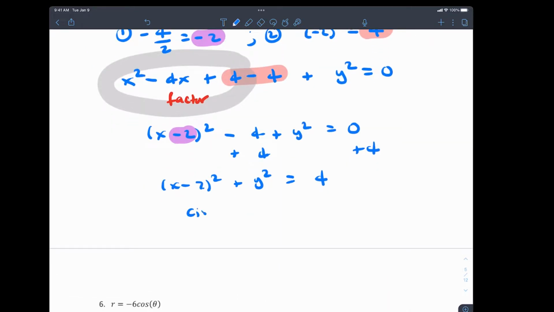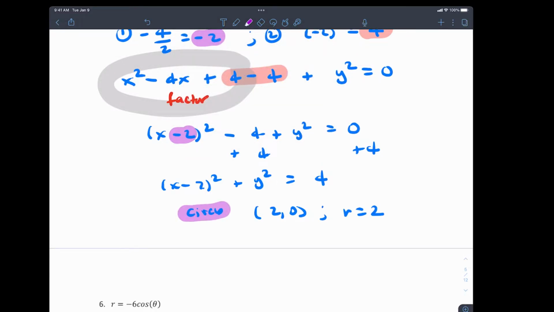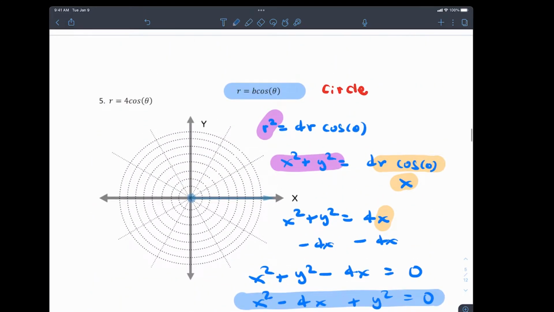This is a circle centered at 2, 0. Radius is 2. So now you're centered where? Centered at 2.